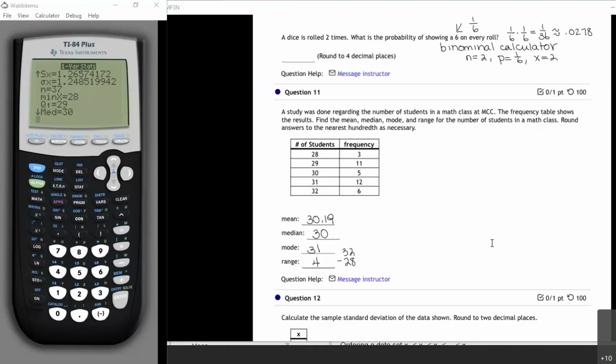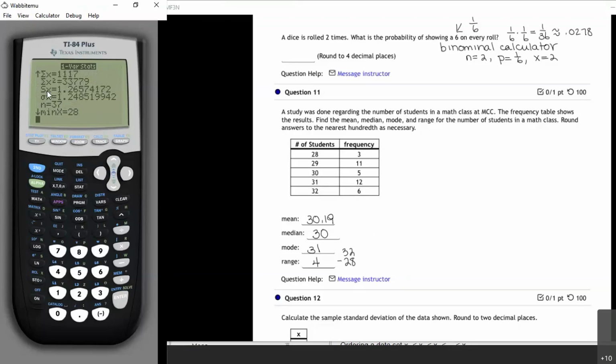Everybody understand how to use both calculators? I'm not sure who has what, so if you've got questions, please ask. Also, if you scroll on up here, I want to point this out, especially on the TI-84. This is important, TI-84 users.